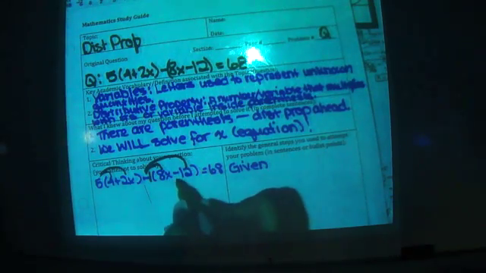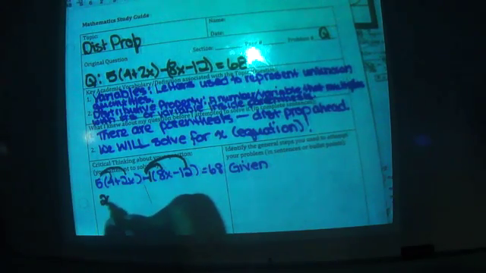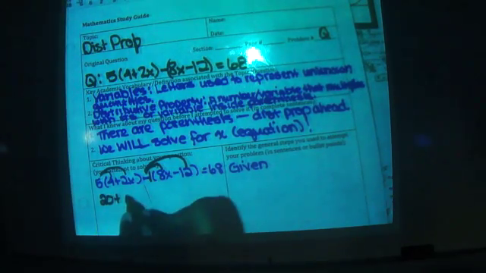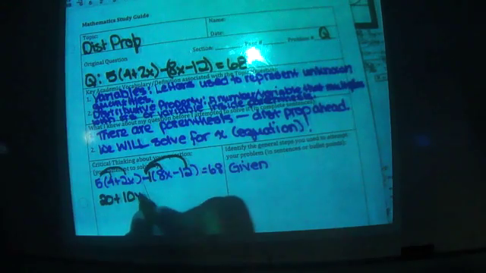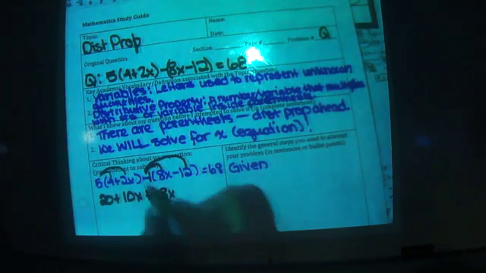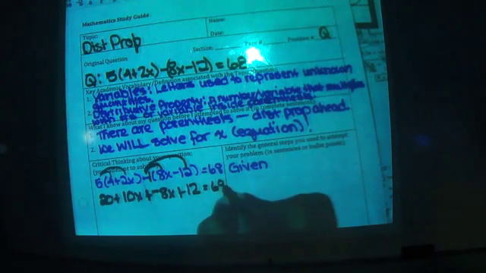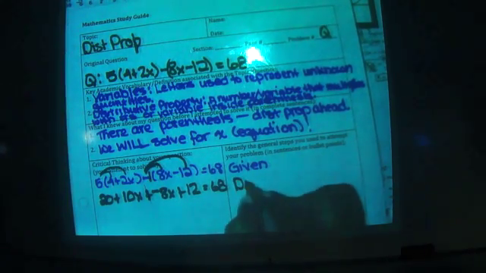And remember that this is not minus, it's really plus a negative. So 5 times 4 is 20, plus 5 times 2x is 10x, plus negative 1 times 8x is negative 8x, plus negative 1 times negative 12 is positive 12, equals 68. And that's the distributive property.